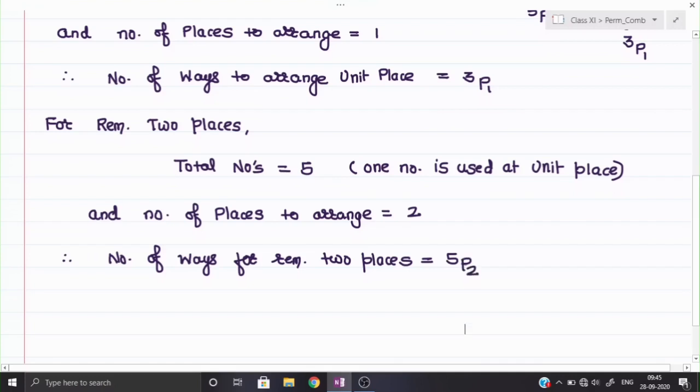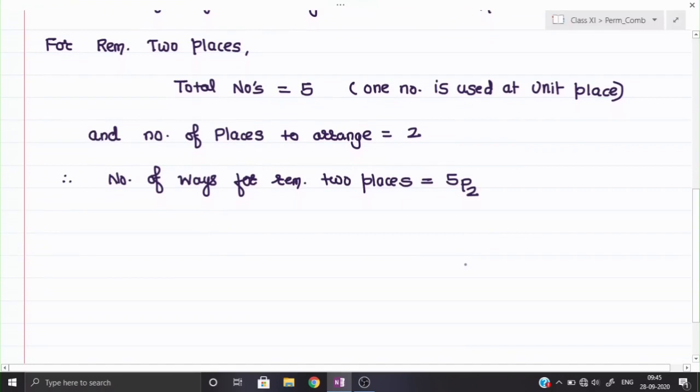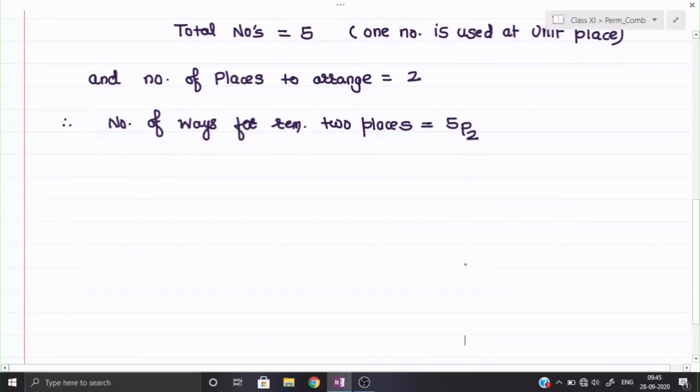So here now we shall write down the total number of ways. Therefore the total number of ways will be equal to 5P2, we shall multiply with 3P1.